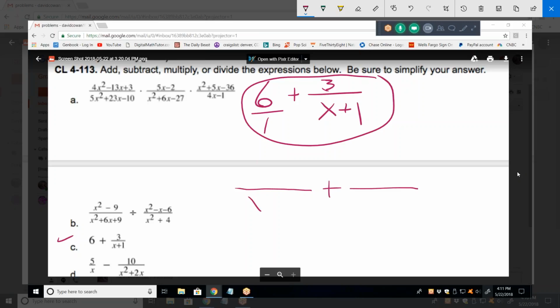So x plus 1 has to be the common denominator. If you always just multiply those two terms, you will get a common denominator. You won't always get the least common denominator, but you can always work the problem by getting any common denominator. Now, what's the top left have to be? If it has a common denominator of x plus 1, what does its numerator have to be?